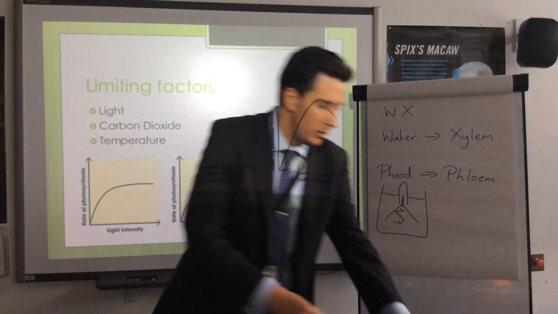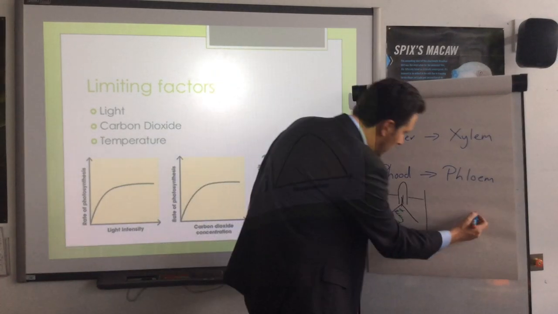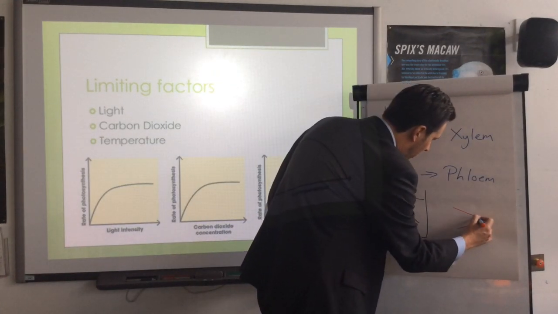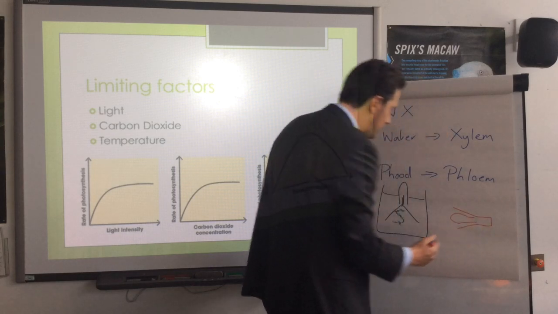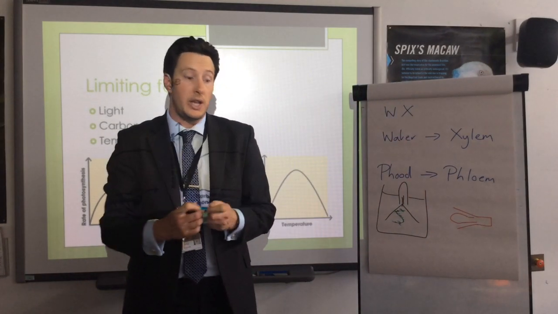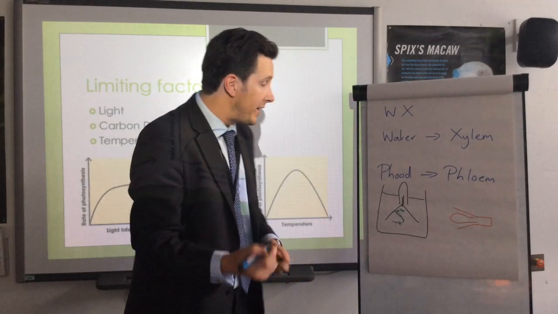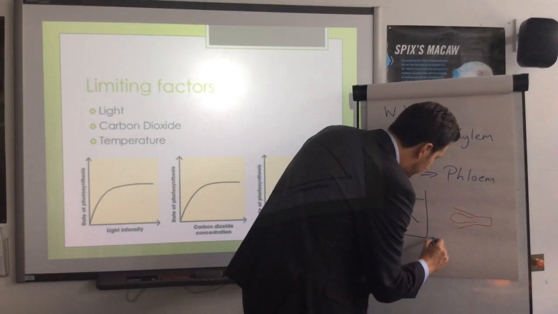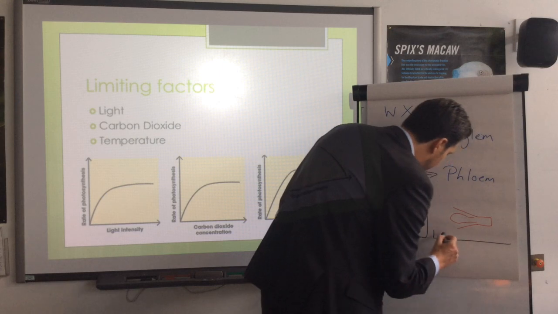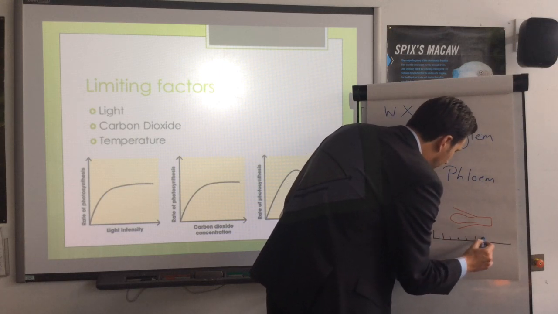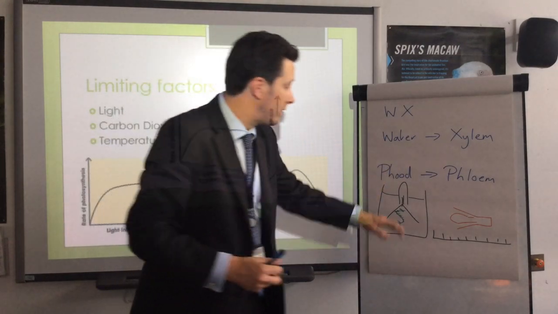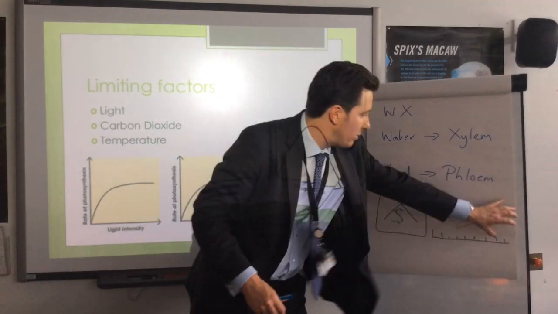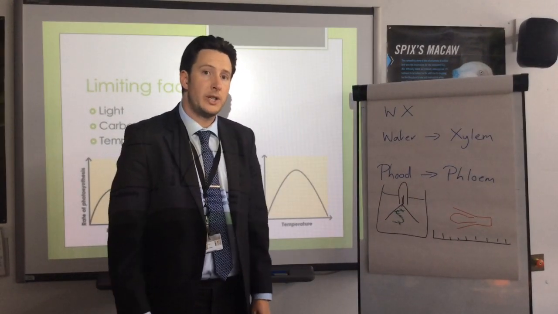And what they actually do is they put a lamp here with a light bulb in it that provides light energy to the plant. And they can change the amount of light it receives by altering the distance that that lamp is away from the plant. If it moves further away, the light intensity will be lower. If they move it closer, it will increase the light intensity.